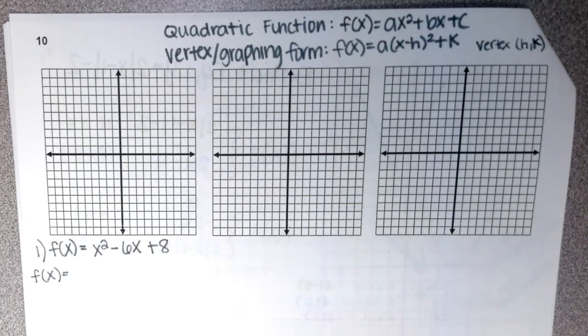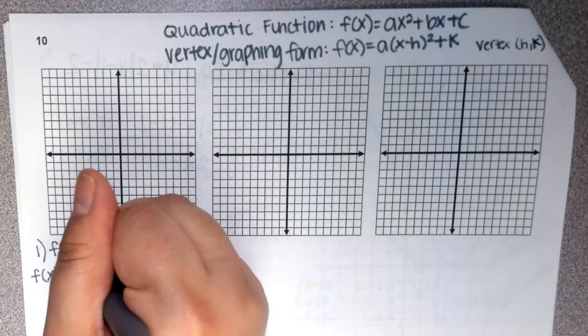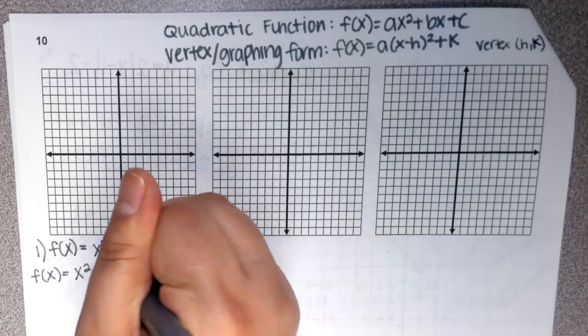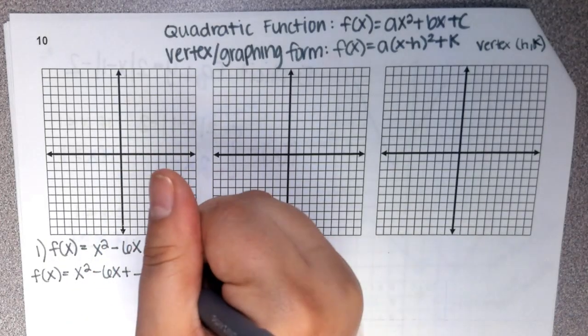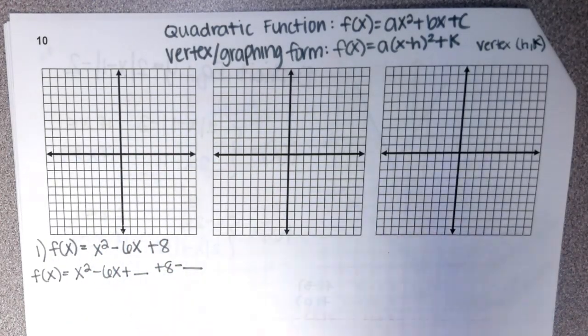Now, completing the square, we are going to add a blank plus 8 and subtract a blank. Why am I adding a blank and subtracting a blank in the same line? If you add a number and subtract a number in one equation, that's the same thing as doing what? Canceling it out. So it's still equivalent to our original equation. That's why we do that.